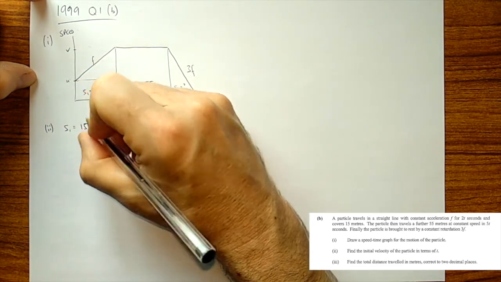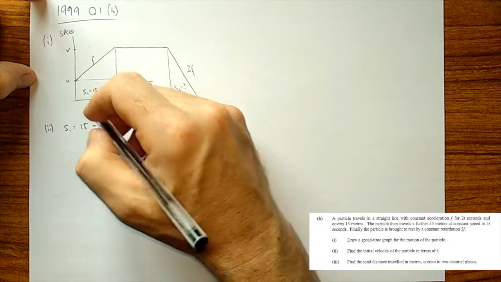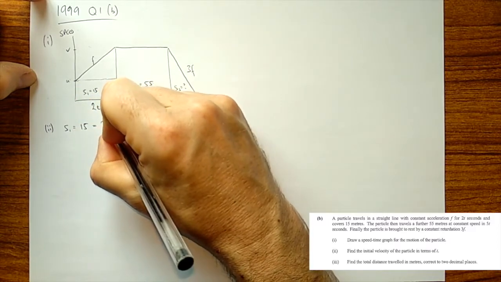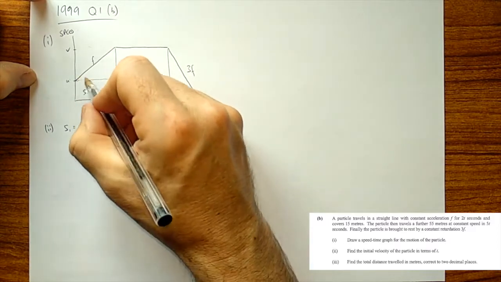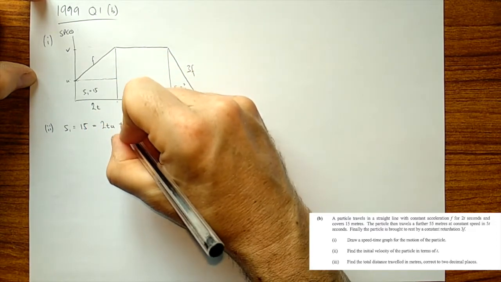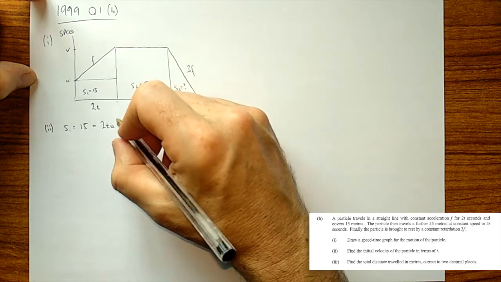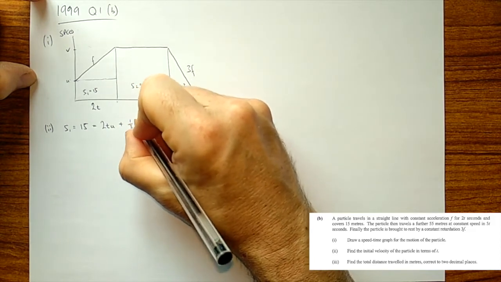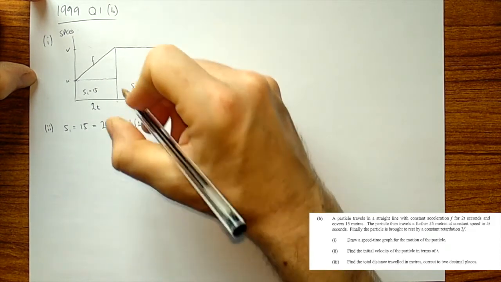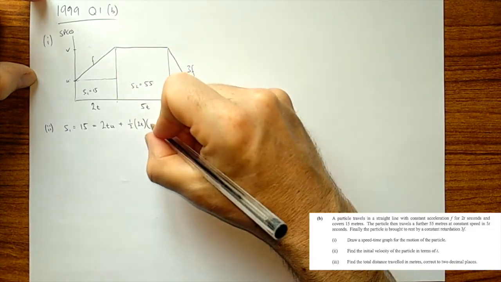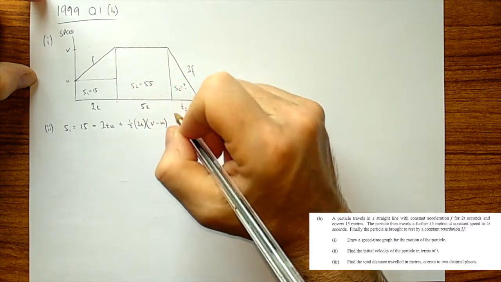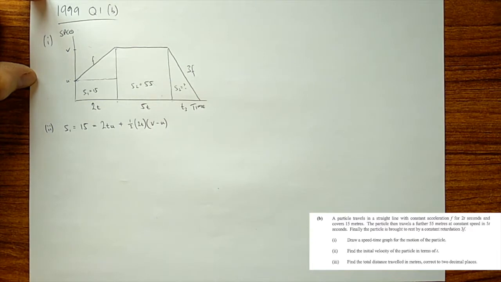So that equals this area here, which is 2t by u, and this area here plus, now area of a triangle, half the base by the height, so it is a half by 2t by that distance there, which is v minus u. Okay, looking a little bit messy, but not too bad.